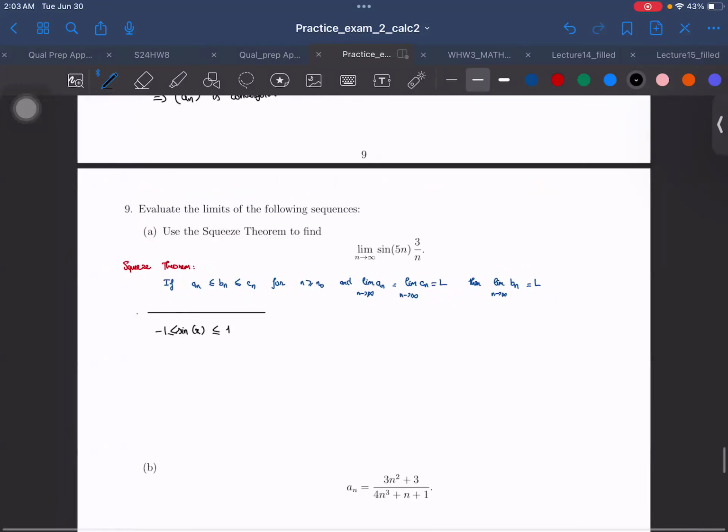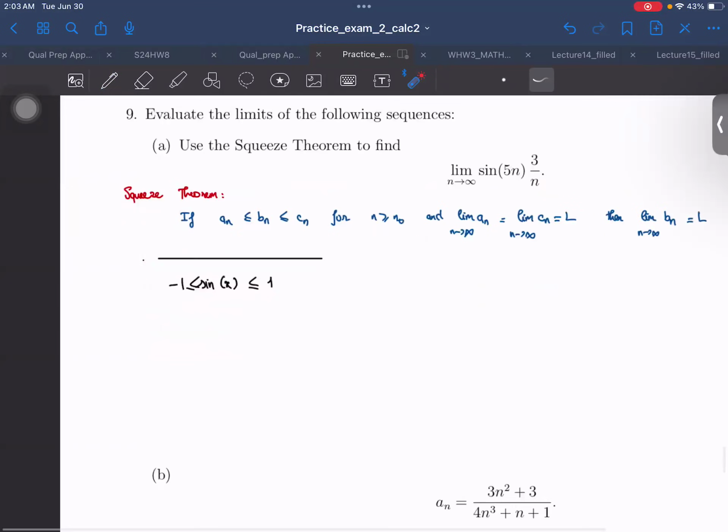The point is you need to find some lower bound sequence and upper bound sequence, so you should have some inequality that gives the lower bound and the upper bound. For the sine or cosine function, this is one of the most likely inequalities you're going to use to obtain the lower bound sequence and the upper bound sequence.